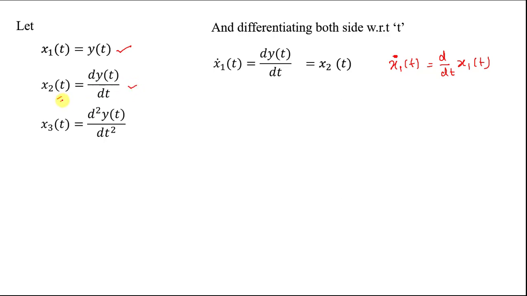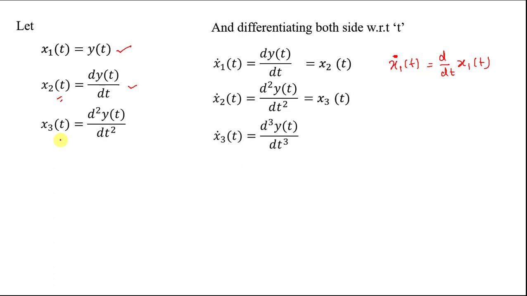Again differentiate x2, then you will get d square y by dt square, which equals x3 as shown here. Again for x3 dot, differentiate this term.